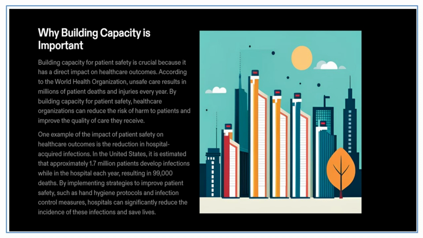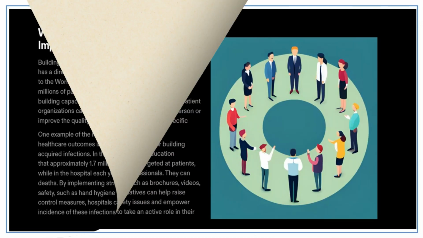So when you implement strategies to improve patient safety, such as good hand hygiene and infection prevention control measures, a hospital can significantly reduce the incidence of infection and save lives. So building capacity is important as patient safety will overall have a greater impact on patient outcomes.